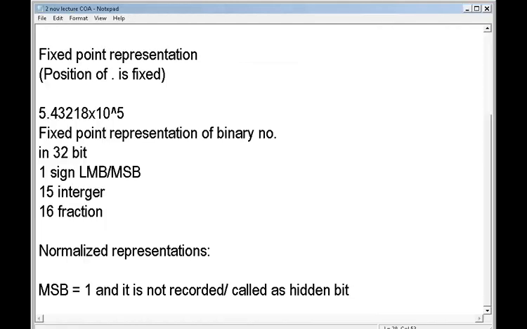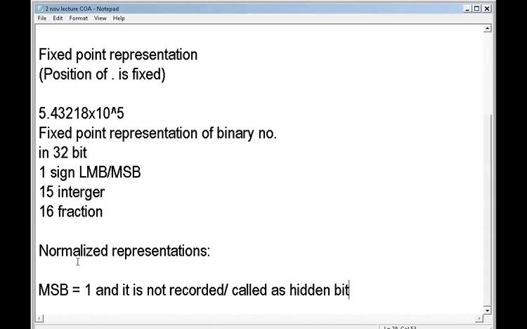In short questions of 2 marks, these kinds of things may be asked, such as what is the hidden bit in binary number representation.